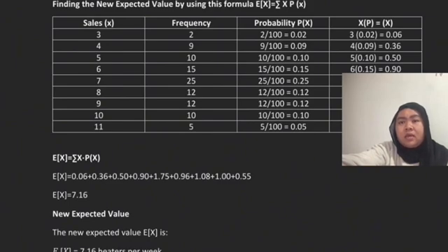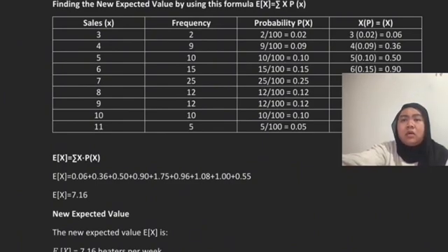We found E(X) is 7.16 heaters per week. This means on average we can expect demand for about 7 heaters weekly, which is a key input for supply chain planning.